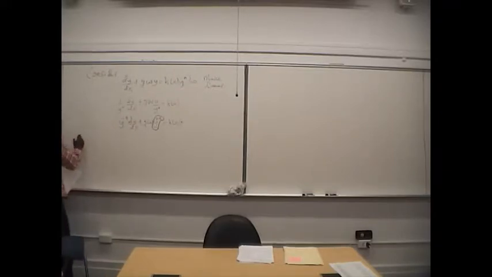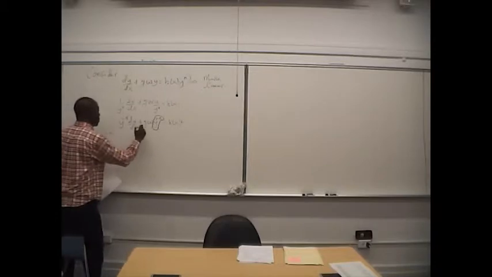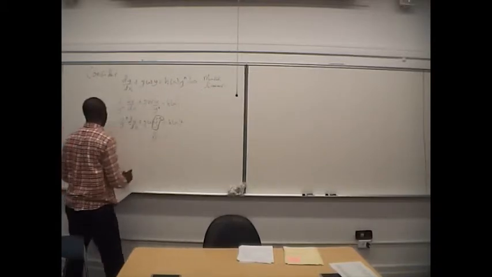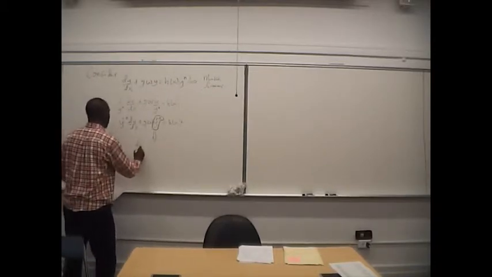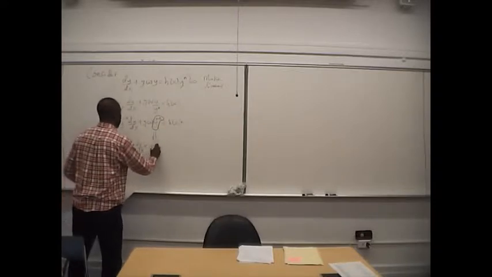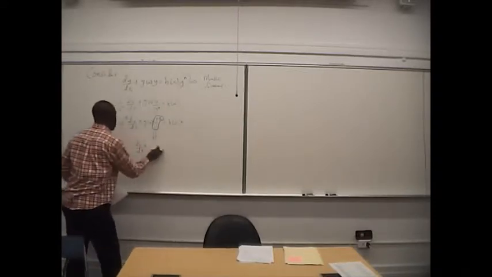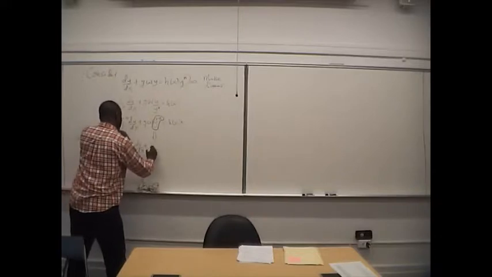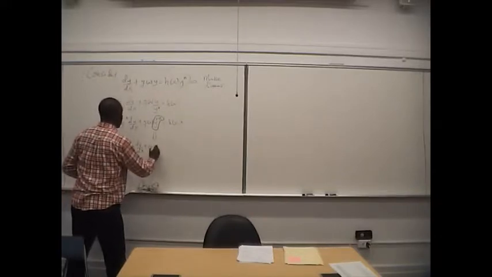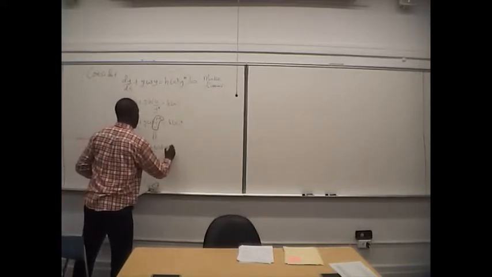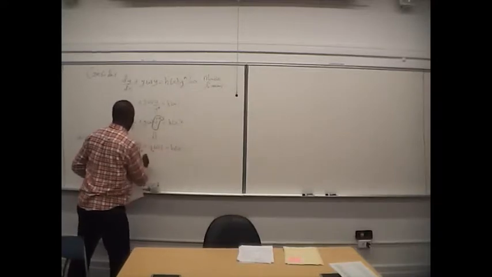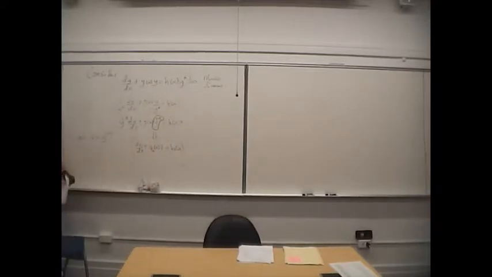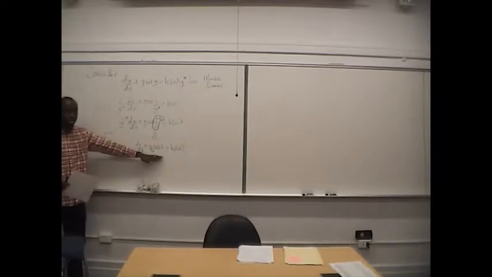So we are going to set v to be y to the 1 minus n. And our hope is that we can then transform this equation to look like dv/dx plus, it will no longer be q, maybe a new function, let's call it q naught of x, v equals h naught of x. This is what we are hoping for, so that now we can apply the integrating factor method to solve this.